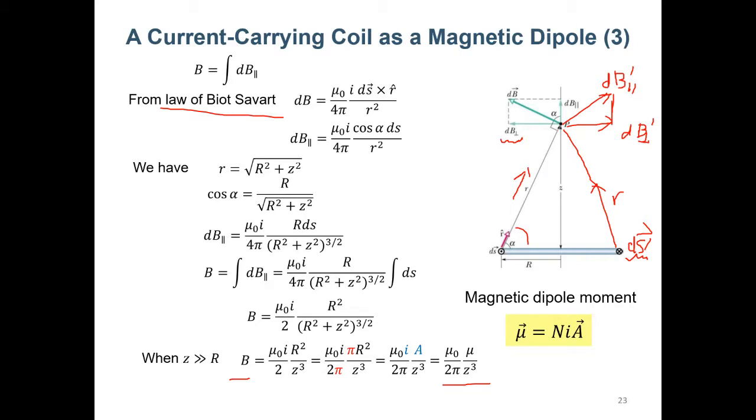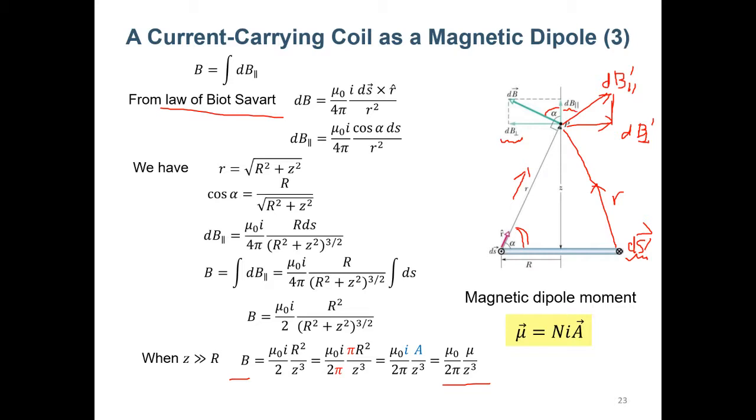And so mu0 I over 4 pi is simple. So we have cosine alpha. This one is alpha.